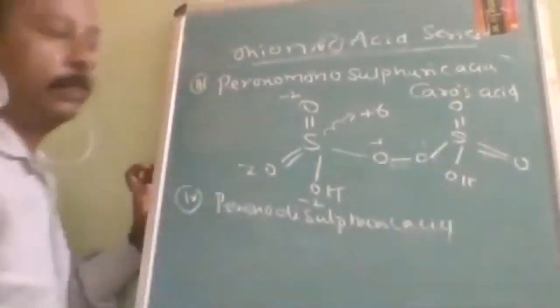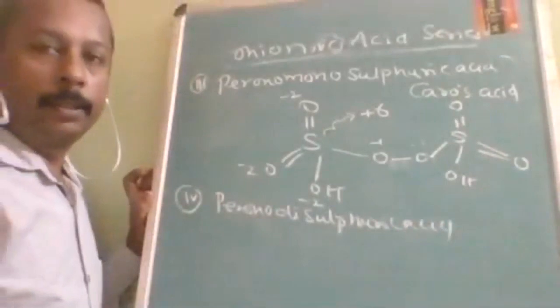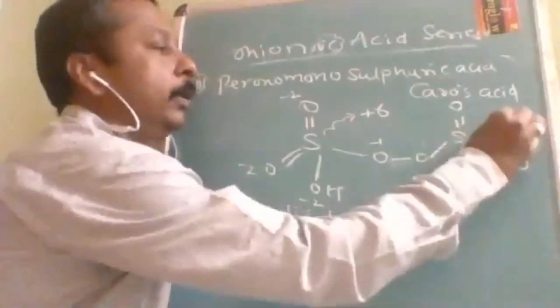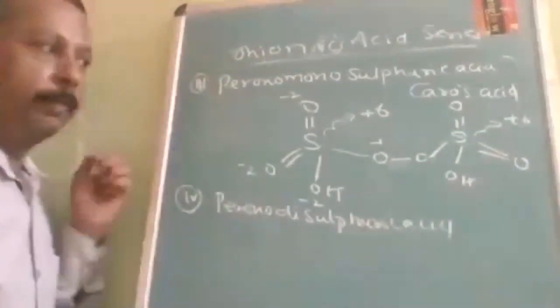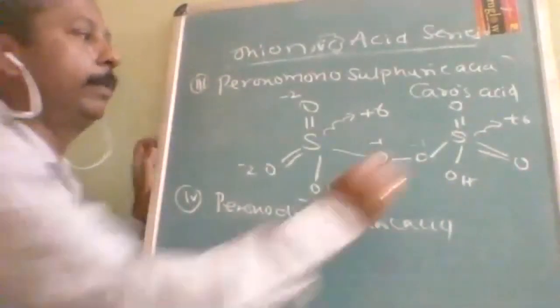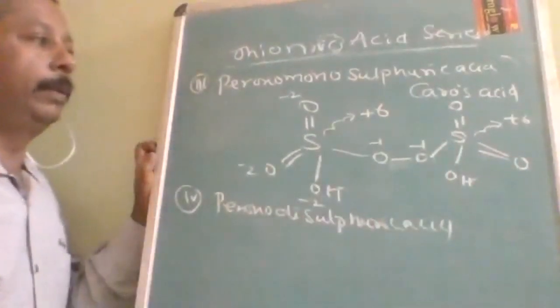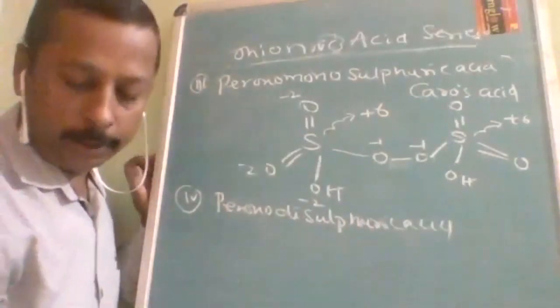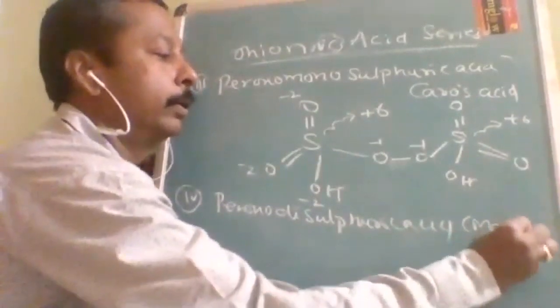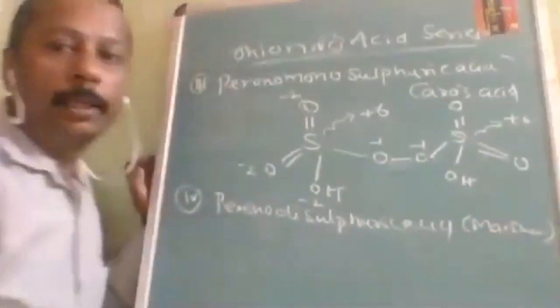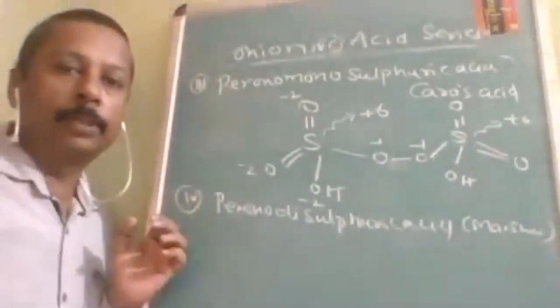This is the peroxodisulfuric acid. Here also it is plus 6 only. Its oxidation number is going to be plus 6 only, but these two oxidation numbers will be -1 and -1. It is called Marshall's acid.